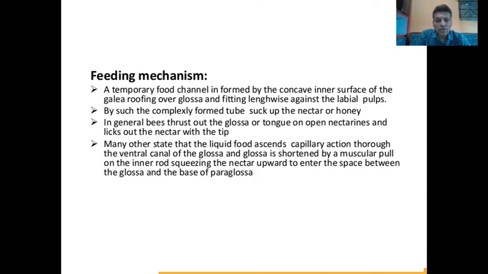These have long structures. They lick the nectar or juices of fruits and flowers. Many authors state that the liquid food ascends by capillary action through the ventral canal of the glossa, and the glossa is shortened by muscular pull on the inner rod, squeezing the nectar upward to enter the space between the glossa and the base of the paraglossa.